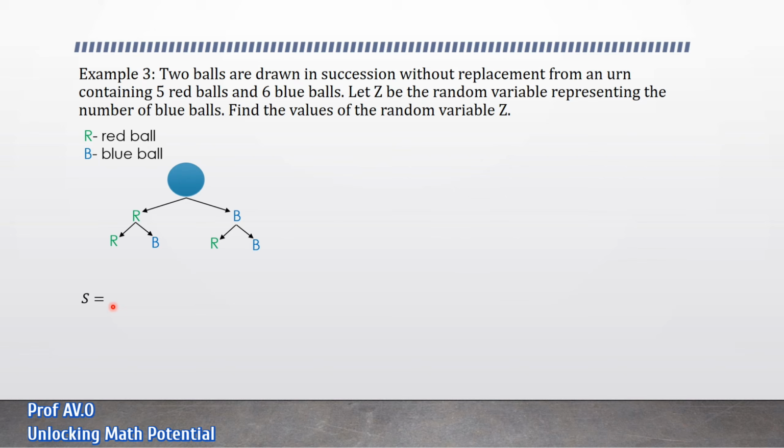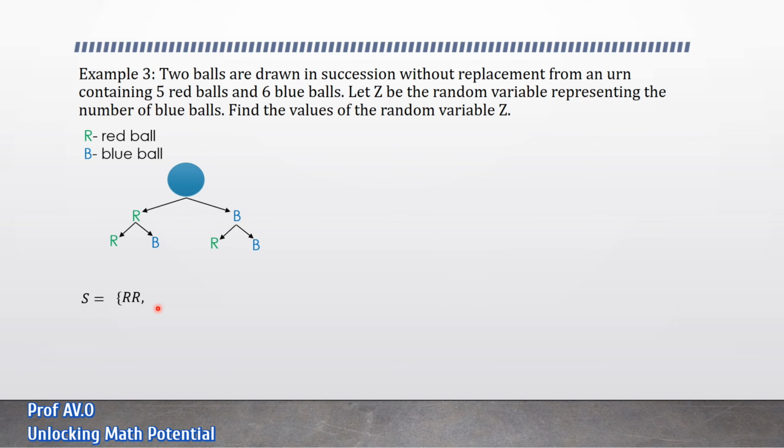Okay, so our first outcome from our experiment, again, just follow the arrows. So we have R and R. So first R or red, red. Second outcome would be red and blue.